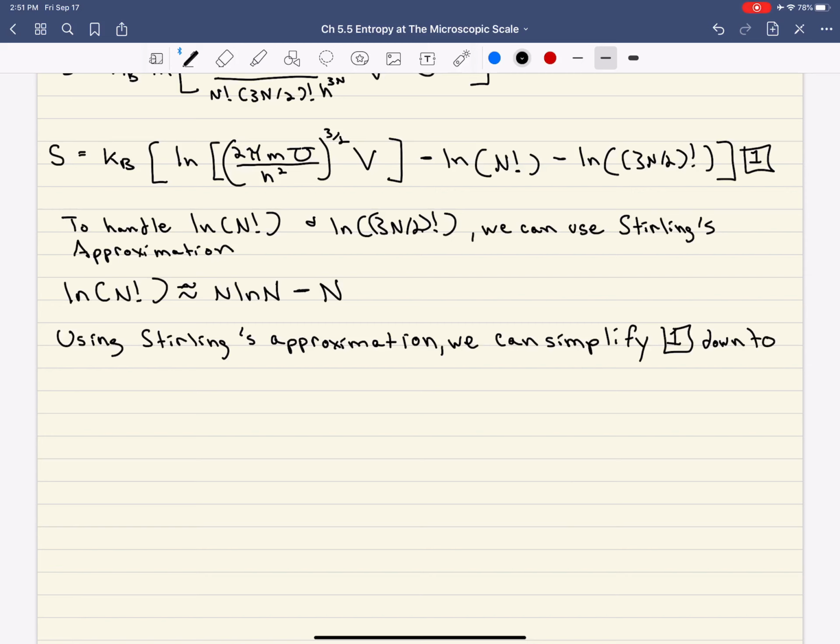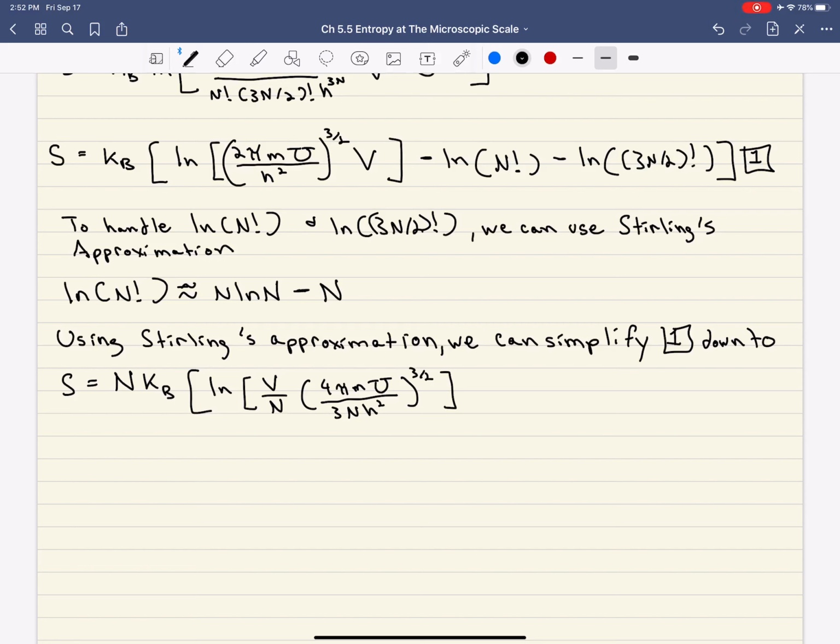S is equal to n k_B. So we pulled out the n entirely. Then inside the bracket, we have V over n, times 4 pi m U over 3n h squared, all to the 3 halves.